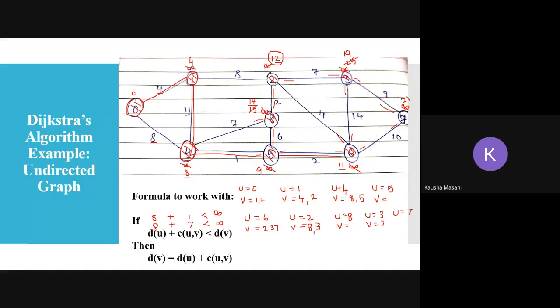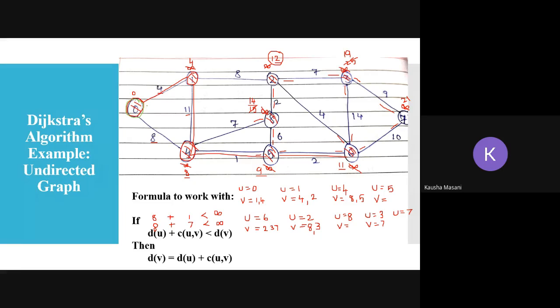So you found out that from 0 to 1, if you want to reach, then what is the distance? 4. From 0 to 4, if you want to reach, then what is the optimum distance? 8. From 0 to 5, if you want to reach, then what is the shortest distance? 9. There are multiple paths to reach 5. Suppose 0 is my source vertex.